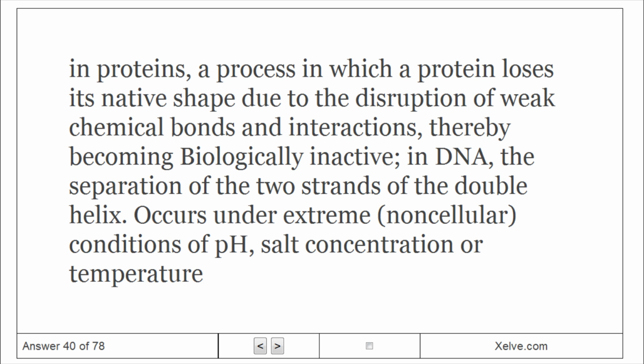In proteins, a process in which a protein loses its native shape due to the disruption of weak chemical bonds and interactions, thereby becoming biologically inactive. In DNA, the separation of the two strands of the double helix occurs under extreme, non-cellular conditions of pH, salt concentration or temperature.